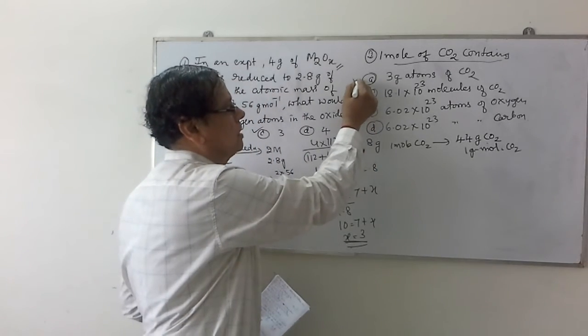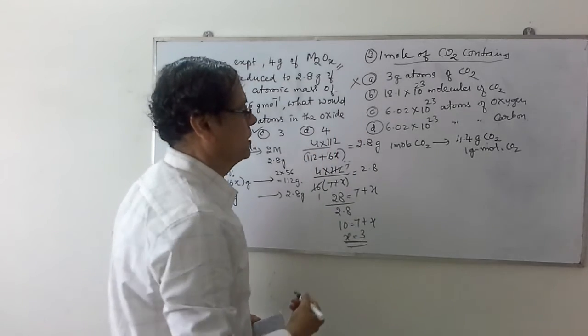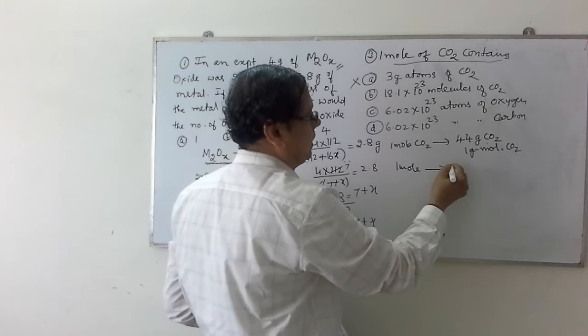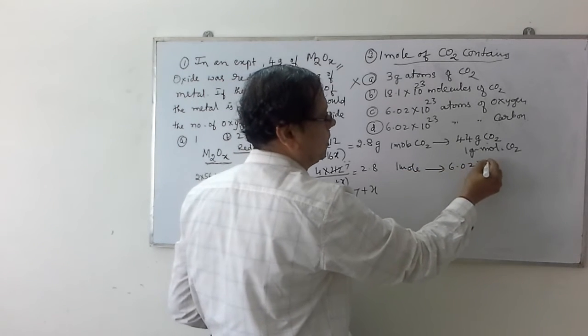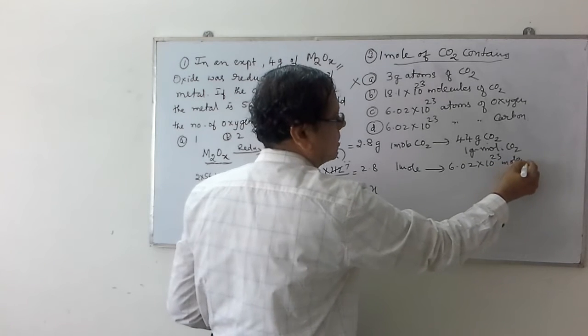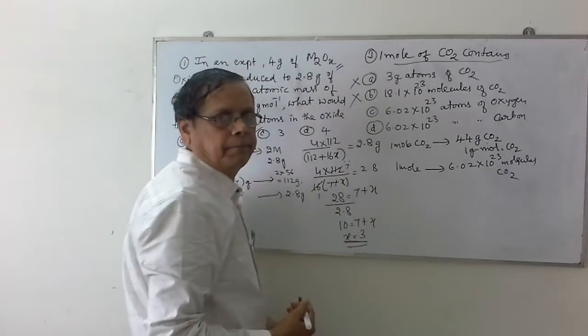So the first answer is not correct. It will not contain 3 gram atoms of carbon dioxide. And 1 mole of carbon dioxide contains 6.02 into 10 to the power 23 molecules of carbon dioxide. So the second option is also not correct.